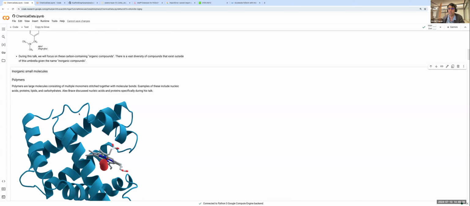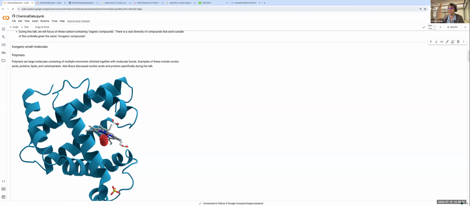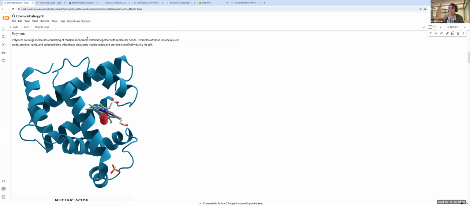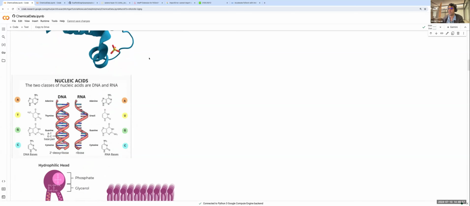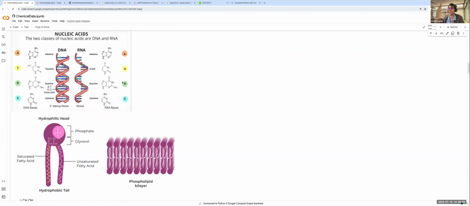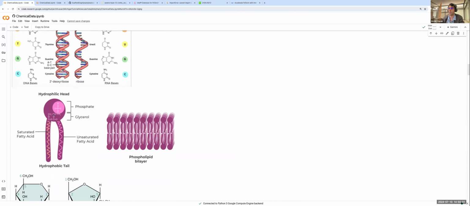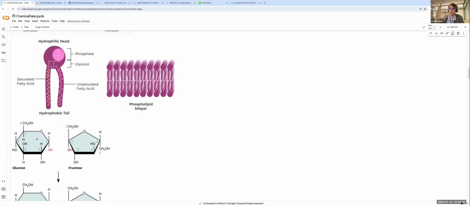So polymers would be different monomers, so different small molecules stitched together to create much larger molecules. And so Alex, in his talk, talked mostly about nucleic acids and proteins as different polymers that you can also consider as a compound. But besides that, there are also lipids, and there's also carbohydrates that you can also consider as a polymer.